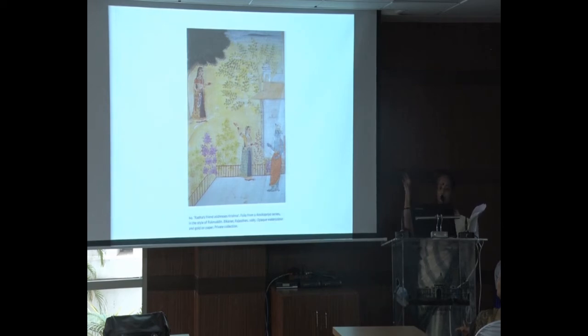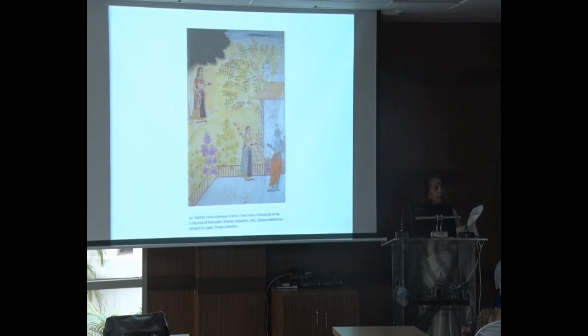And there are two incidents taking place together within the same frame. Radha is standing outside waiting for Krishna in the garden, and here is Krishna outside the walled space talking to her friend to be taken in.